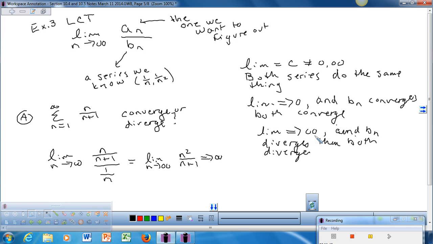So if the limit approaches infinity and b sub n diverges, well, does our b sub n diverge? Yes, it does. Then both series diverge. And that tells us that the sum from n equals 1 to infinity of n over n plus 1 diverges.